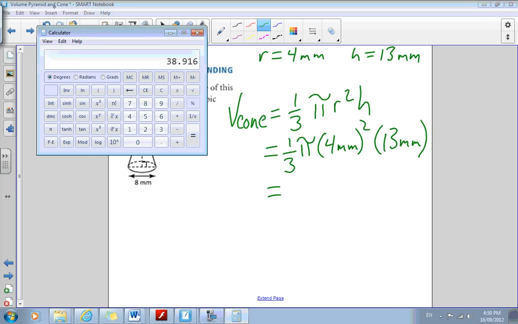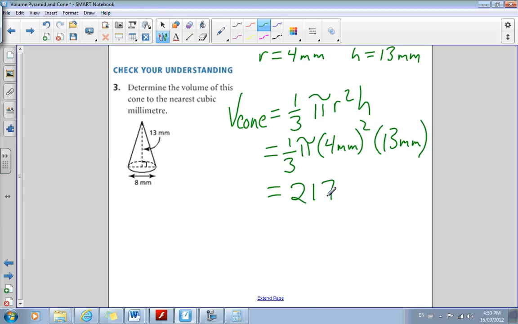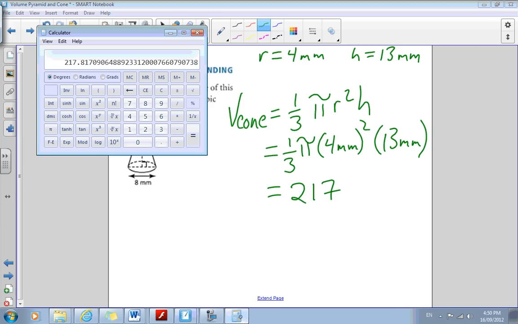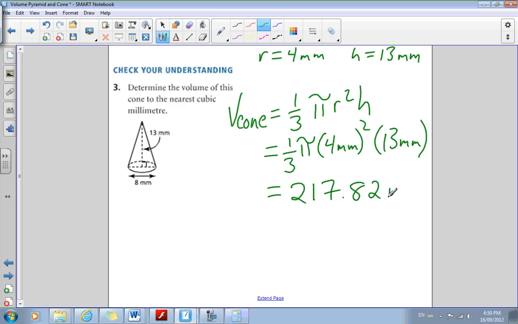So we have 4 squared is 16 times 13, 208, times the pi button. You cannot type in 3.14. You have to multiply by the pi button on your calculator. That'll give you 653.45, and we're dividing by 3, which is 217.82 cubed.